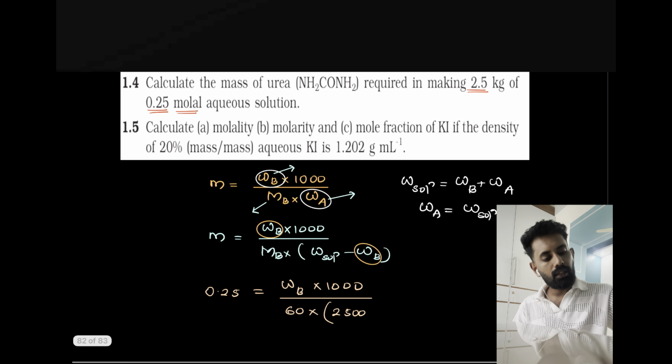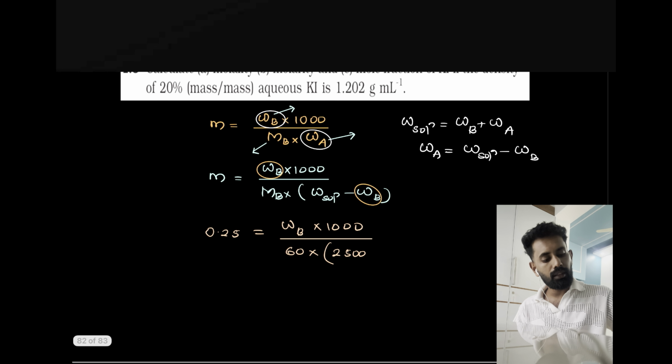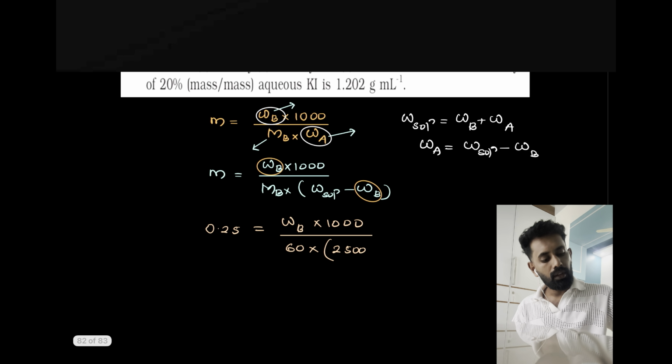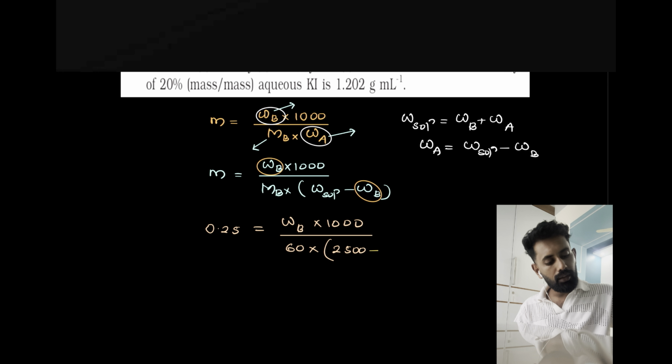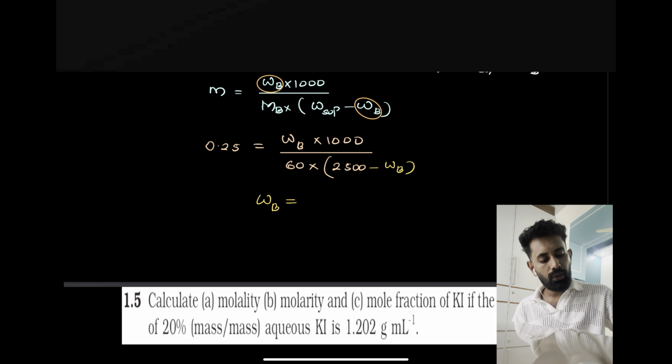The mass of solution given in the question is in kilogram, but the equation I am using is for when the masses are given in gram only, so that is why I am converting the mass into 2500. From 2500 you have to subtract the value of WB. After solving, you get the value of WB as 36.9 gram.